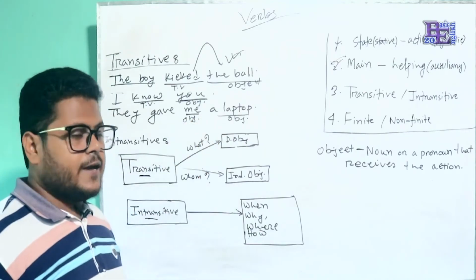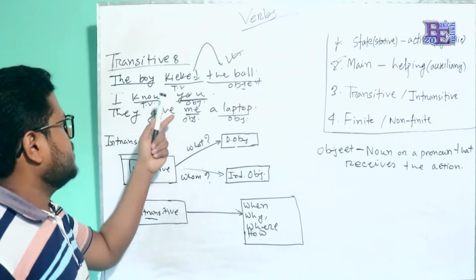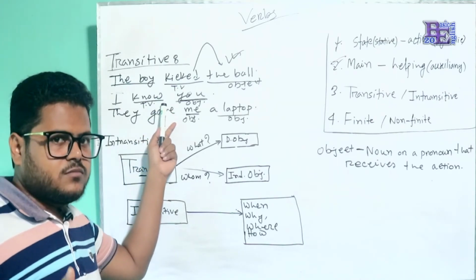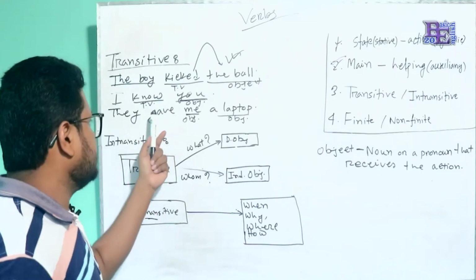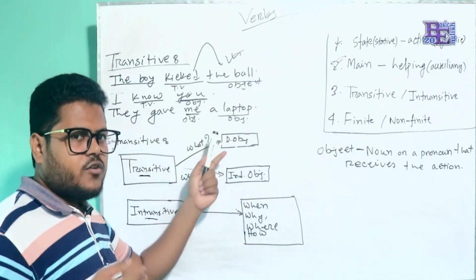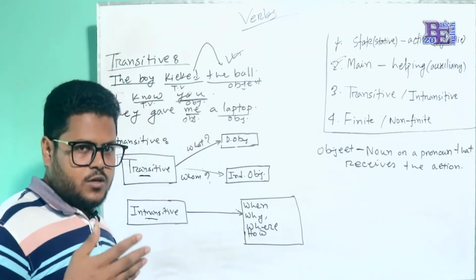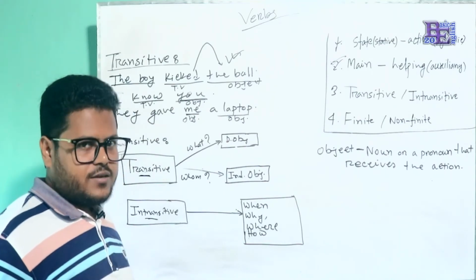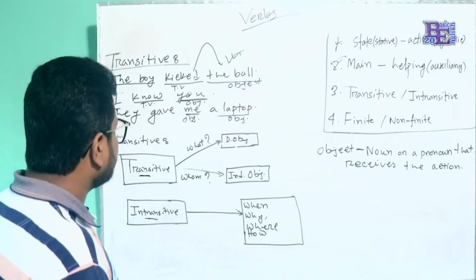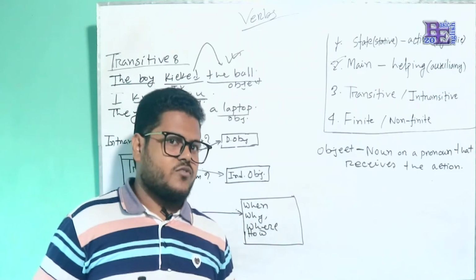As you can see, in the first sentence we have a single object. In the second sentence we have the same, a single object, but in the third sentence we have two objects. That means a transitive verb can take a single object or more than one object. There is an easy way to find a transitive verb.